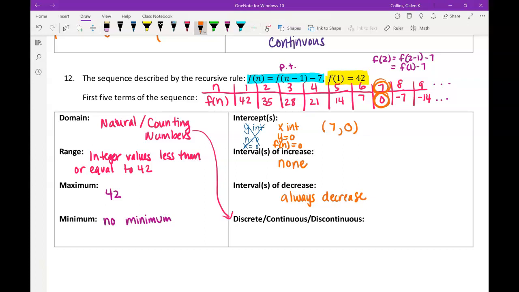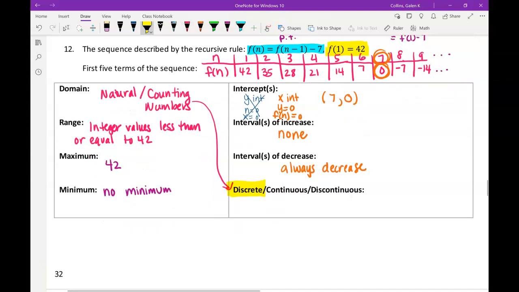This function is discrete because we're only plugging in natural or counting numbers. So in Unit 2, we defined a discrete function as having a domain that's like a subset of the real number system. Natural numbers are a subset of the real number system. That's why this is discrete.